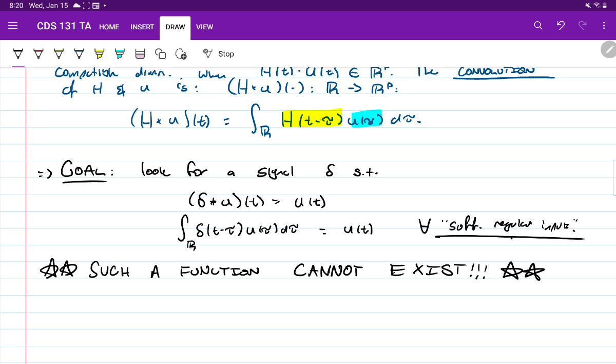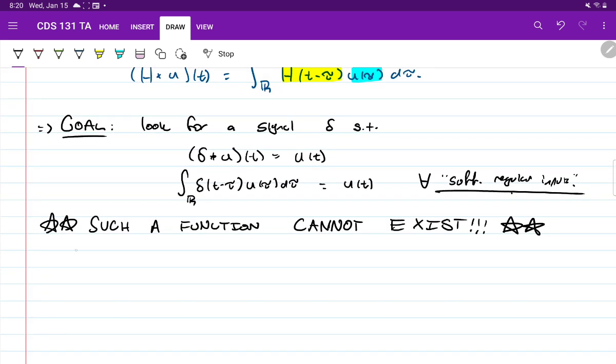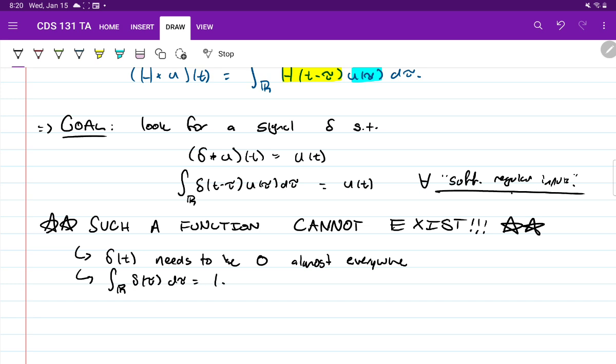Okay? So what you can show is, as a consequence of this definition, such a signal delta of t needs to be 0 almost everywhere. Yet, at the same time, you could also show that the integral of delta over R would need to equal 1. Okay? Now, these two facts can't both be true, right? This guy up here implies that the integral of delta equals 0, right?